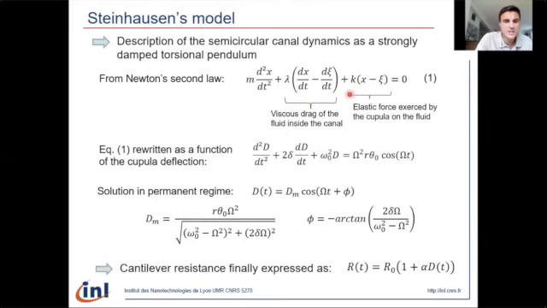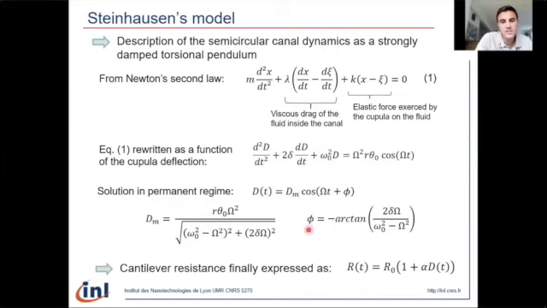By rewriting this equation as a function of the cupola deflection d, by assuming that the deflection is equal to the difference between the fluid position and the canal wall position, we could get this equation. And by solving this equation in permanent regime by using a complex formalism, we can get this solution with dm the deflection modulus under forced oscillation and phi its phase.